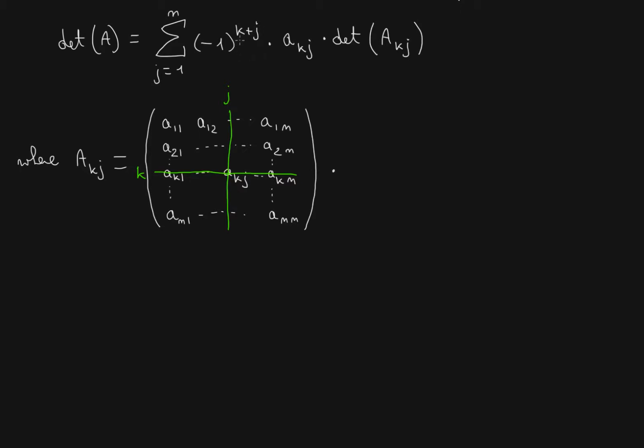So it looks like this formula might depend on the index k, so on the row we choose to expand the determinant along.